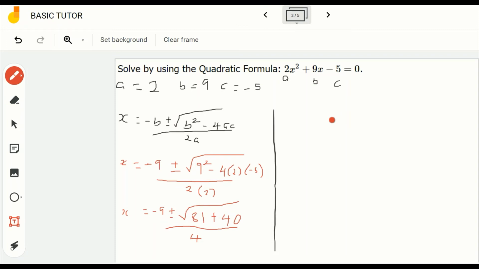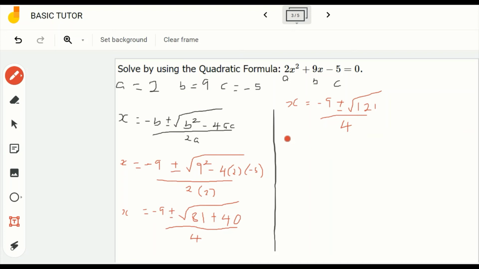Alright, step by step. So again, we have x is equal to negative 9 plus or minus, open our square root, 81 plus 40 is 121, so we have 121 over 4.